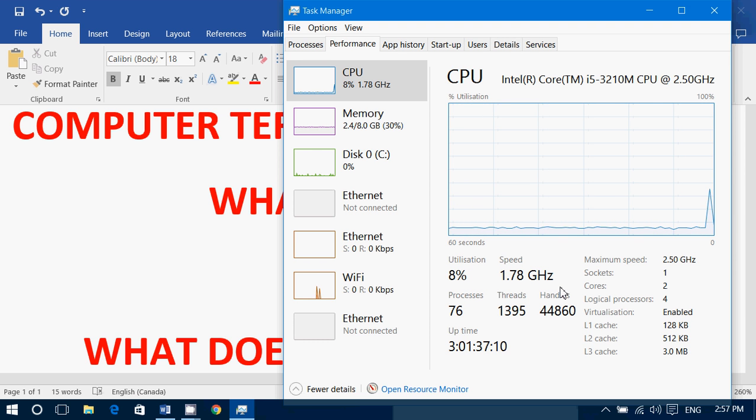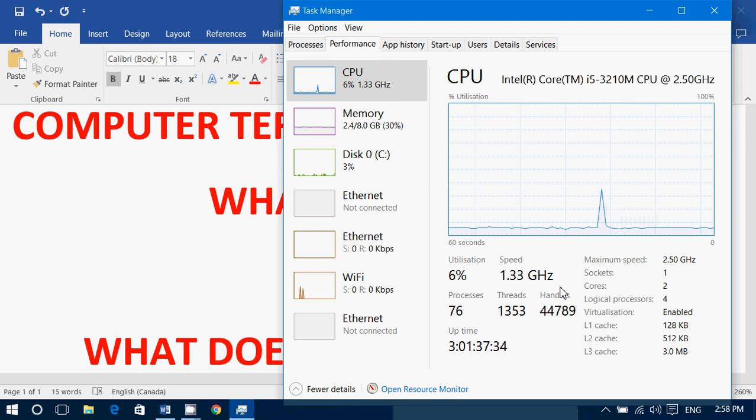So don't be fooled into thinking that a change from 2 to 2.5 is necessarily noticeable on your computer. It might actually not be at all. And there are other things in your computer that can actually make it faster. Even a computer that's slower can seem faster than another computer that is rated with a higher clock speed on the CPU.